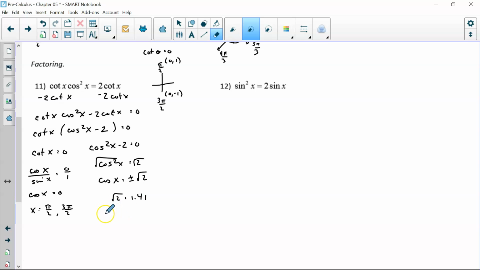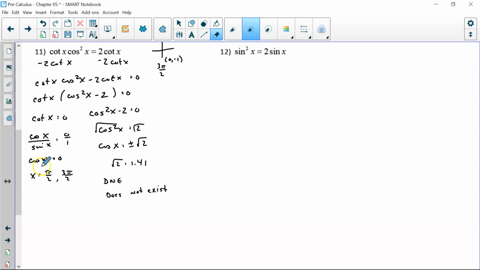This is too big. This does not exist. We usually write DNE for short. So our only solutions are pi over 2 and 3 pi over 2. Those are our two solutions from 0 to 2 pi.